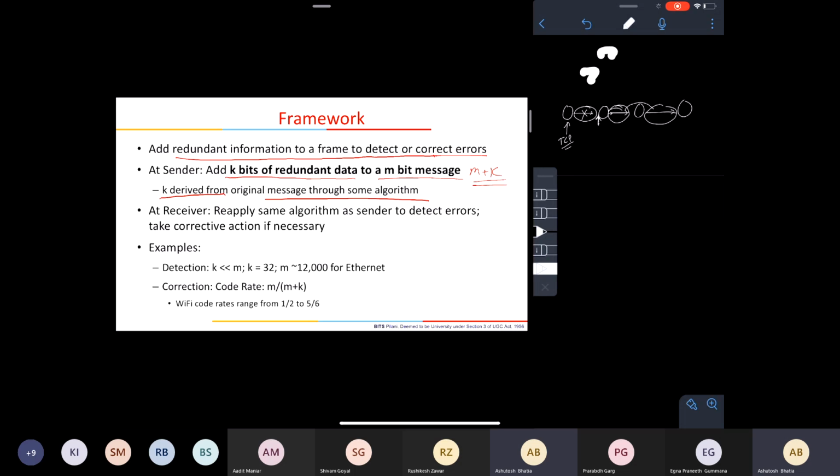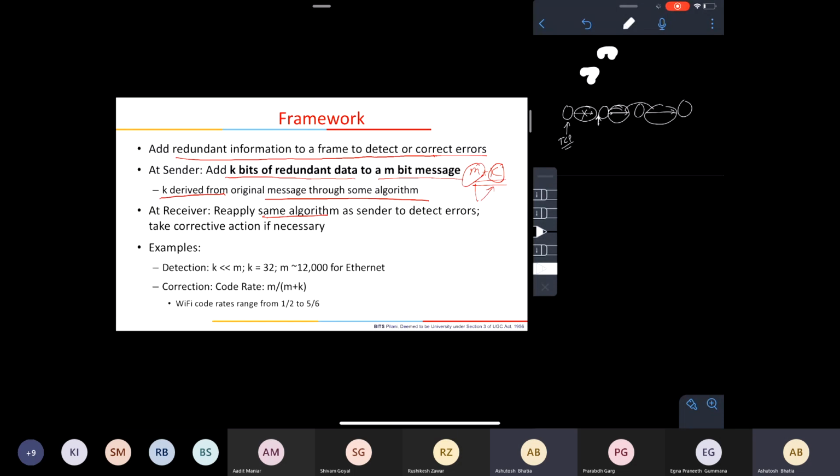Now at the receiver, the receiver will apply the same algorithm on m and see whether the k you have attached is matching. The receiver also gets the same k, and if that is the case, then this is correct. I mean, with the checksum you have seen this everywhere, but here we are going to see it very formally from the theory of coding techniques.